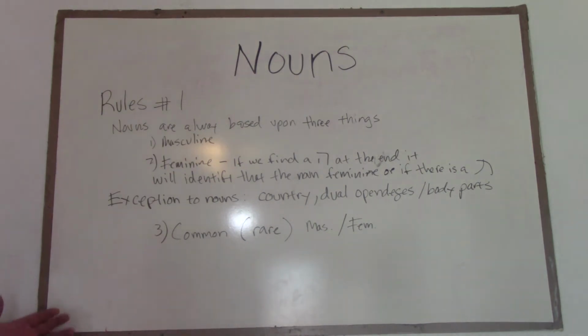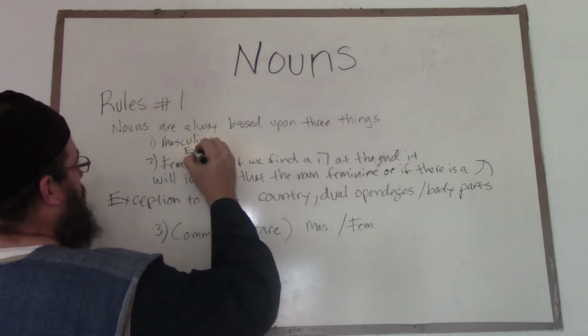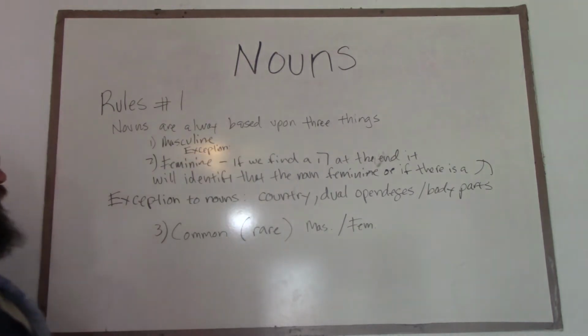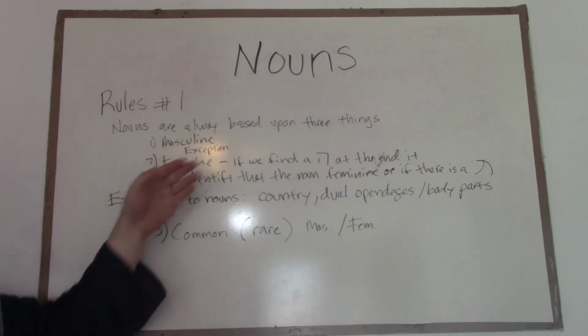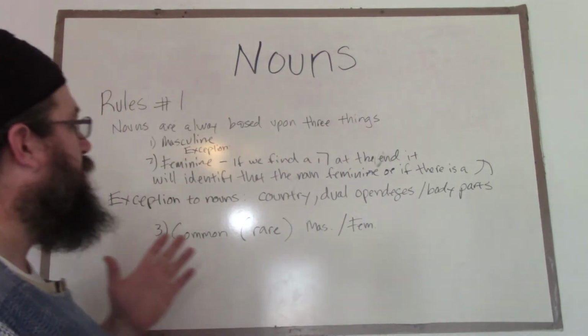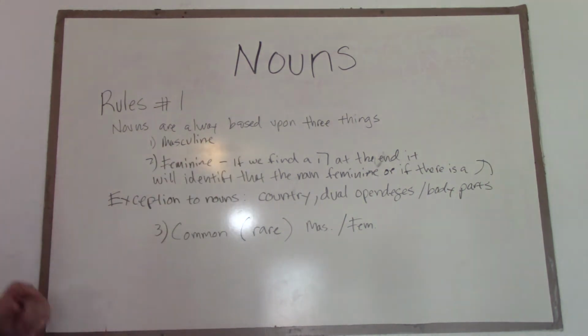Now, the thing we're going to say here with regard to masculine is there are also other exceptions. So we're going to put an exception down here. Most nouns are masculine, right? If they do not have a hey and the tav at the end, okay? However, we're going to learn this. There's an exception to how they're going to look based upon rule number 2. So don't really put exception here, but we're going to talk about that actually when we get to rule number 2, okay?